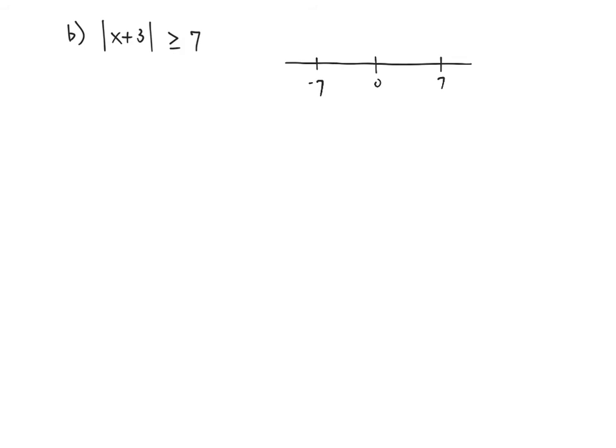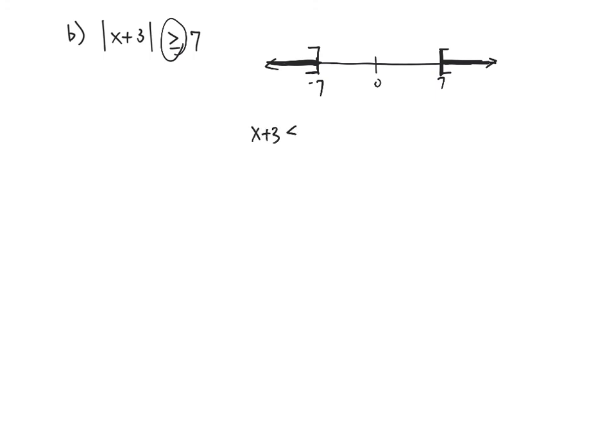If you want to go greater than or equal to 7 units away, you would have to start at 7 and go beyond it to the right, or at negative 7 and go beyond it to the left. So you can see from my number line that there are two distinct intervals, one going left and one going right.